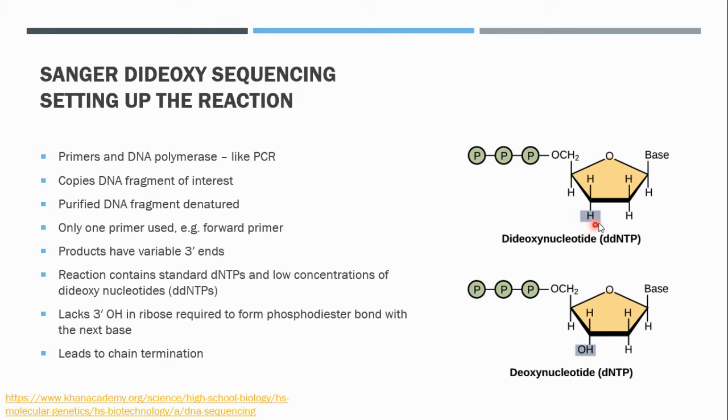And what occurs when we incorporate a dideoxynucleotide triphosphate is chain termination. So the sequencing reaction will stop once a dideoxynucleotide has been added or incorporated, and that is due to the fact that another base cannot be added when there is no hydroxyl present at the 3' end of the ribose sugar.